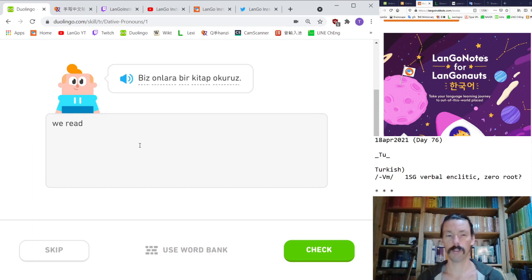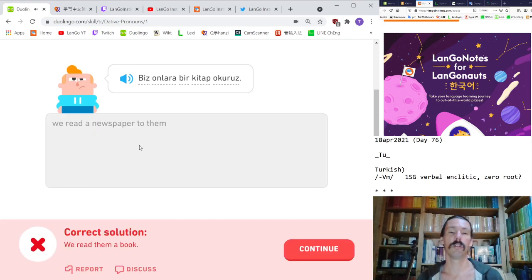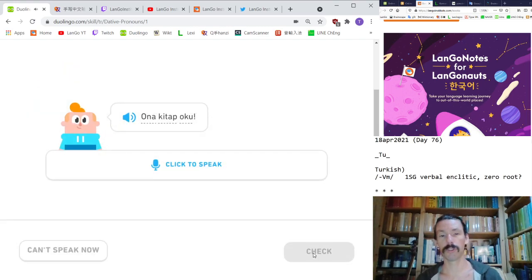A book, a newspaper, silly me. Onlara, to them, so on third person: lar, plural, a, dative. We read them a book. Yeah, we can drop the to and move the beneficiary object, the dative, sooner in the sentence: ona kitap oku.